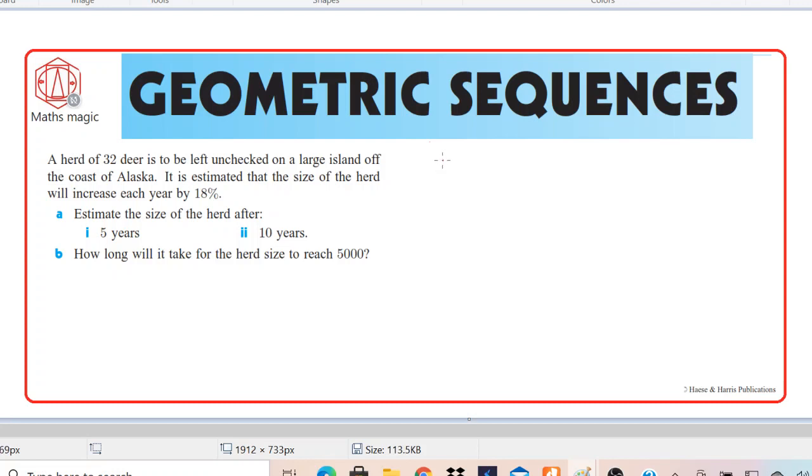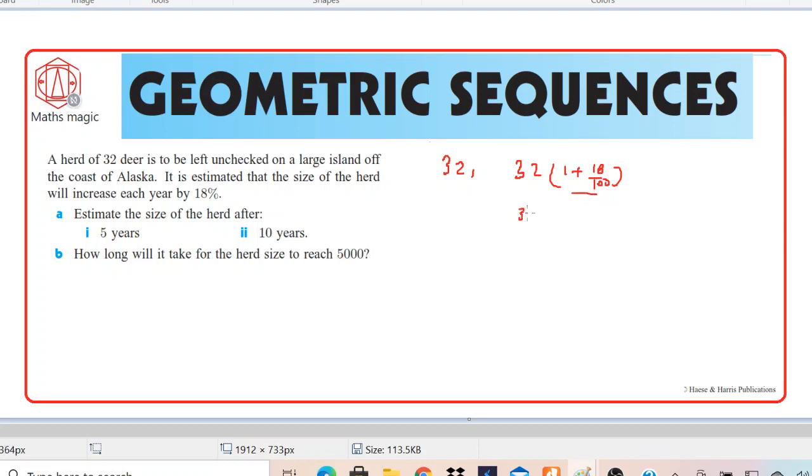We have an initial value of deer as 32 and then it's increasing by 18%. So you remember that if anything is increasing by 18%, that means we are talking about 1 plus 18 upon 100. Let's simplify this value.